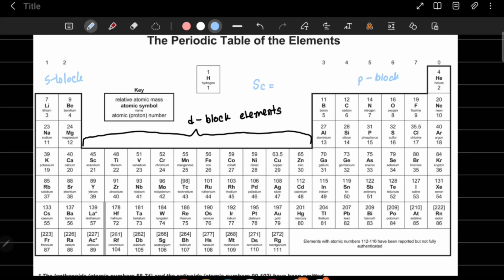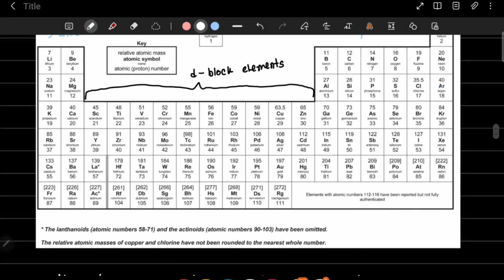For scandium, if we write its electronic configuration using argon, we have argon and then 4s2, 3d1. So the final electron goes to fill the d subshell. So scandium is a d block element.